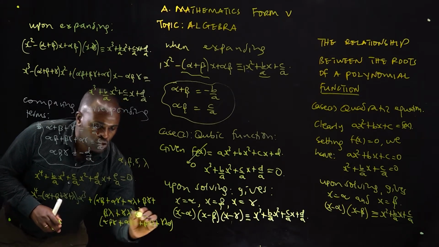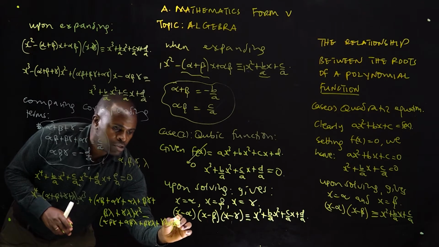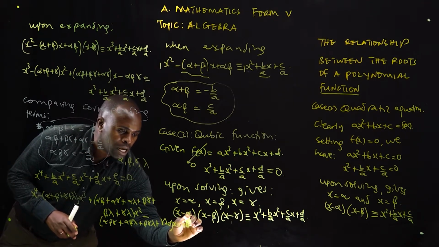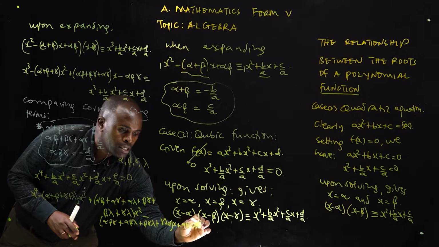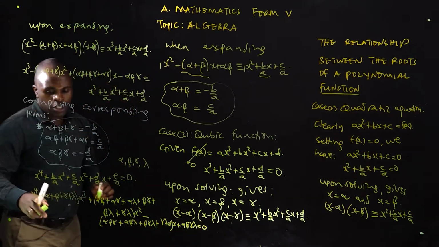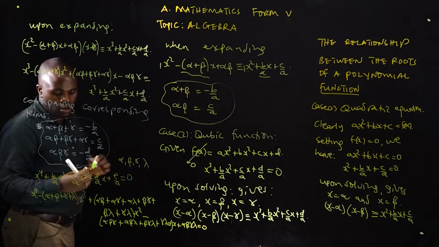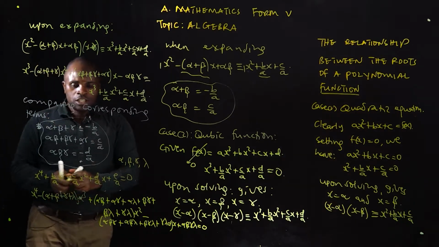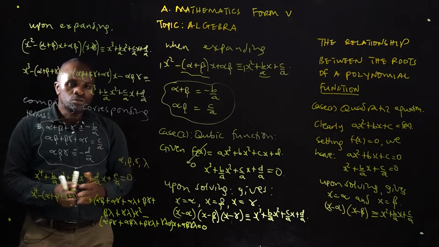This one could be taking x. And finally plus alpha, beta, gamma, lambda equals 0. So this one could also give the trick of the formula. We can see these ones are so useful.